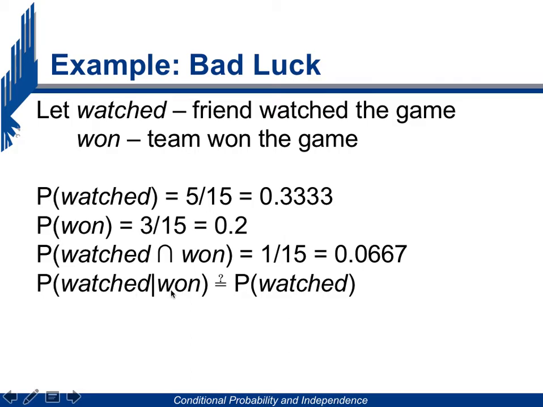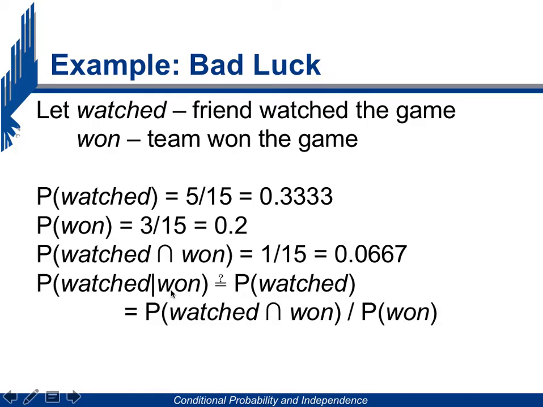So to compute for this probability, we use the same formula. That's the probability of the intersection of watched and W over the probability of W. Probability of watched intersecting with W is 1 over 15, while the probability of W is 3 over 15.